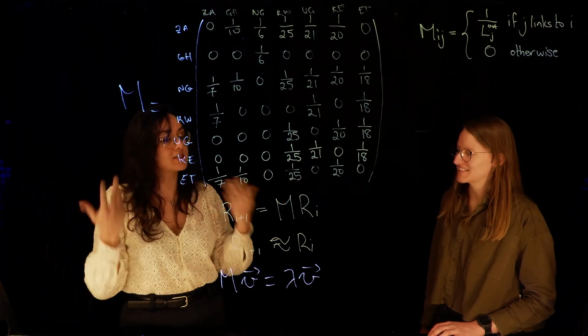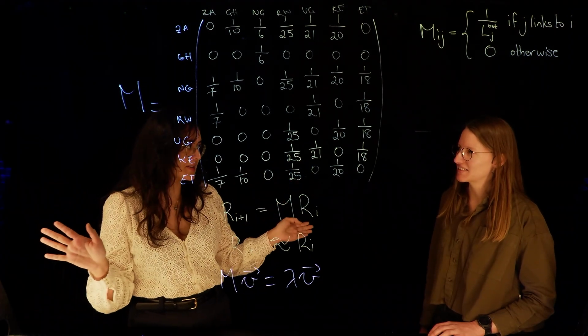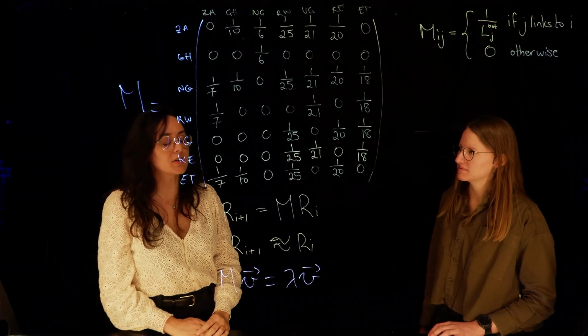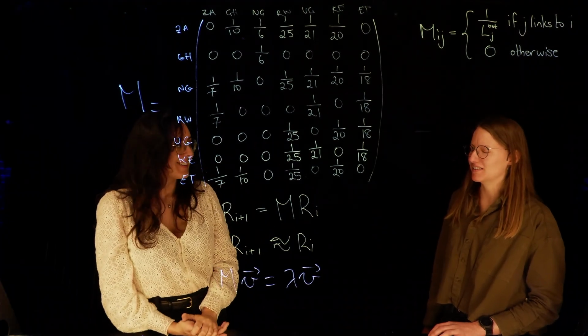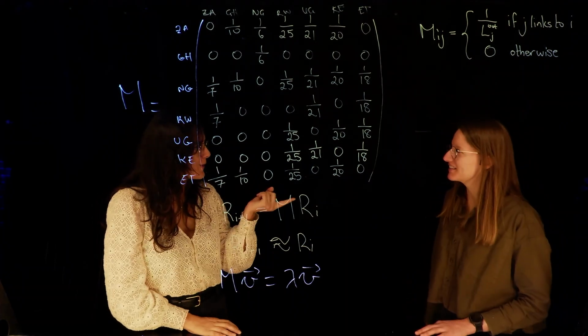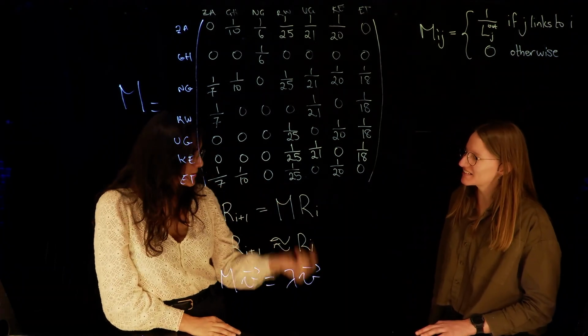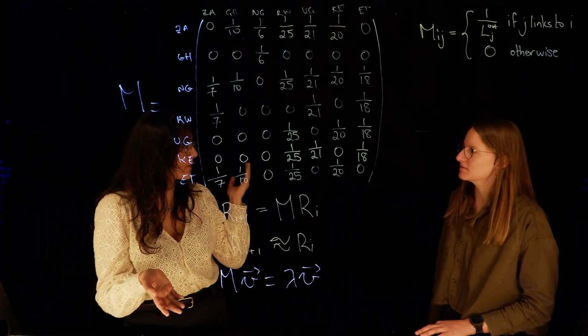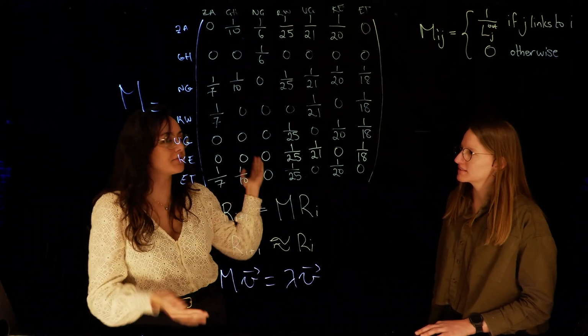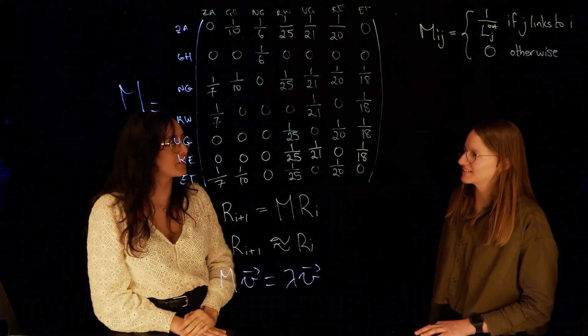If it's equal to 1, you keep the same. And if lambda is equal to 0, then you project your vector to 0. Okay, I see. Also, lambda gives you information about the orientation. If it's negative, then the direction changes to the opposite side.